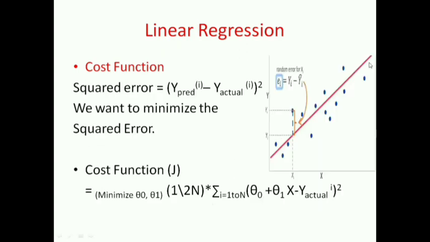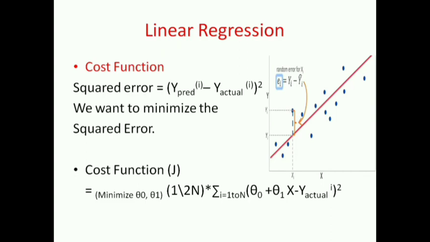See in this graph, this red line represents the predicted value of y. This y-axis represents the actual value of y. This x-axis represents the feature, and these blue dots represent the data points. So for this particular value of feature xi, if you want to predict the output, you find the value corresponding to this x on the red line.